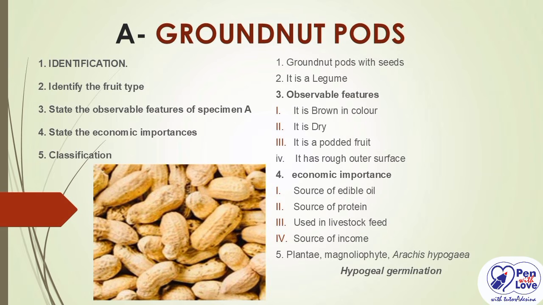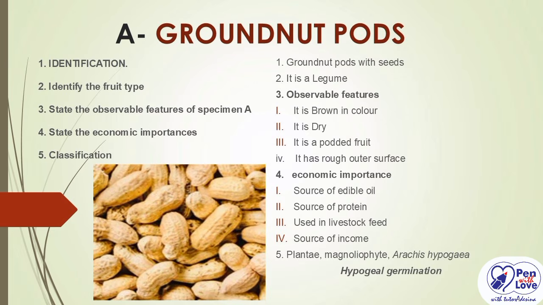Now, another question they can ask you is to state the economic importance. Economic importance of a particular specimen can be asked. When you hear the word economic importance, it means everything that the specimen can contribute to the society, to the ecosystem, to the environment, to anything.